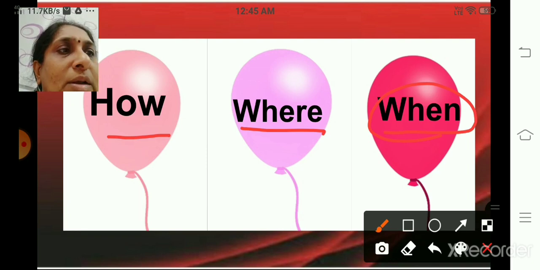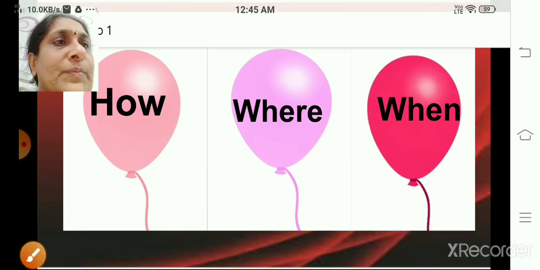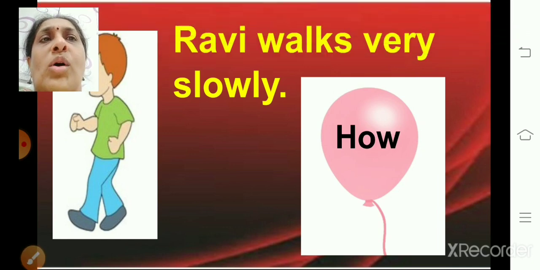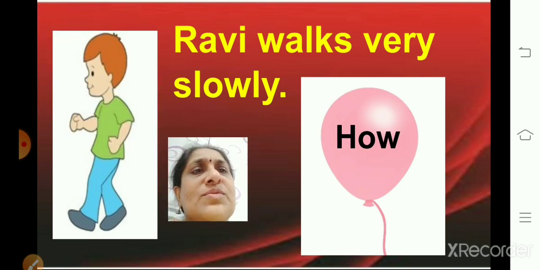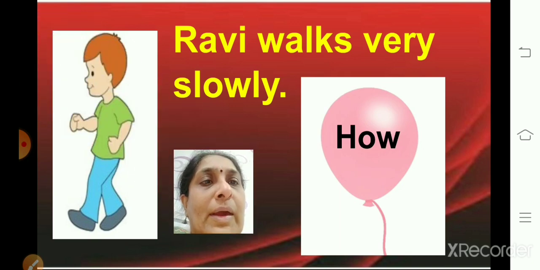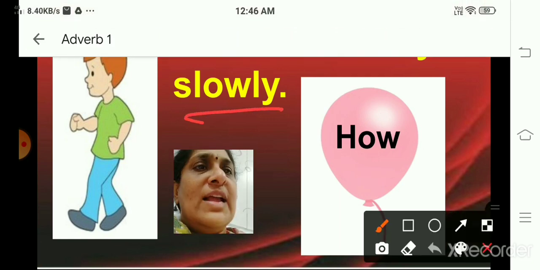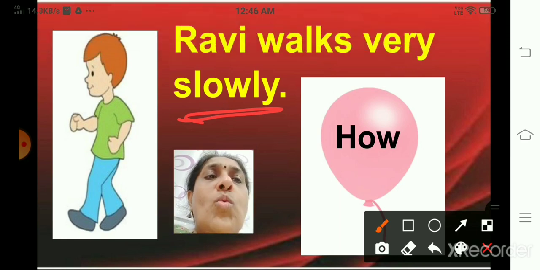So let's continue. Ravi walks very slowly. Here, the word slowly tells us how Ravi walks.